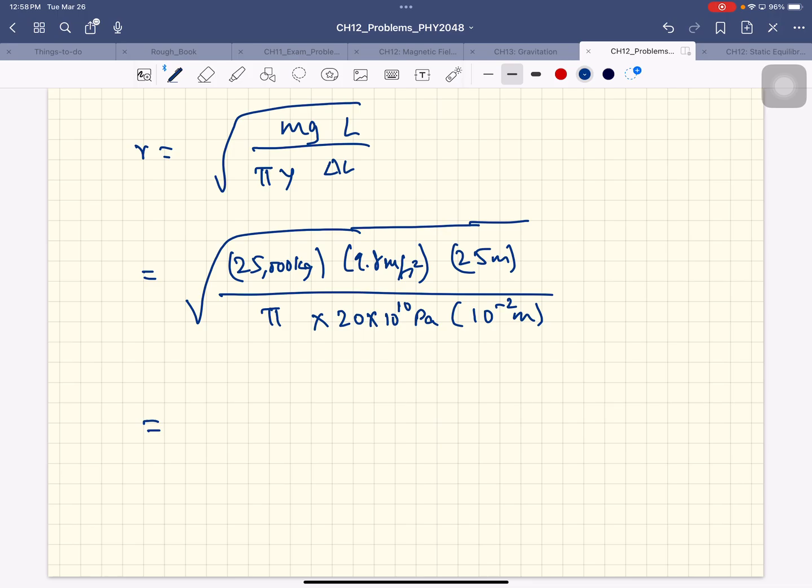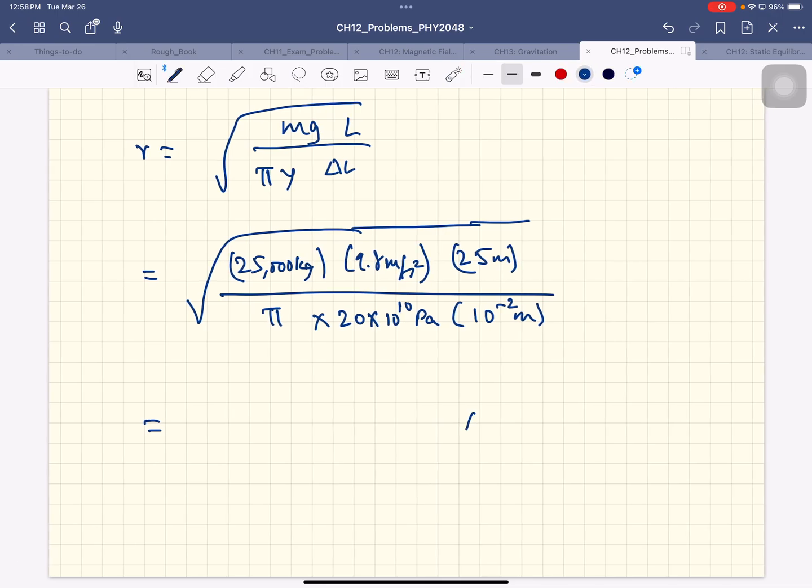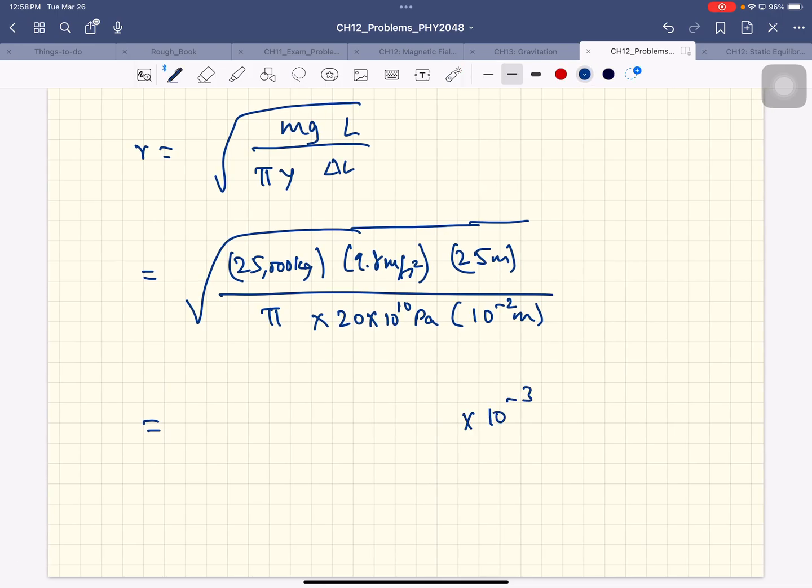All right, so let's take care of powers of 10. This is 10 to the 11, 10 to the 9, and we'll spend 10, so 10 to the 6. So 10 to the 6 at the bottom. Square root of that is 10 to the minus 3. Okay. So 10 to the minus 3 outside.